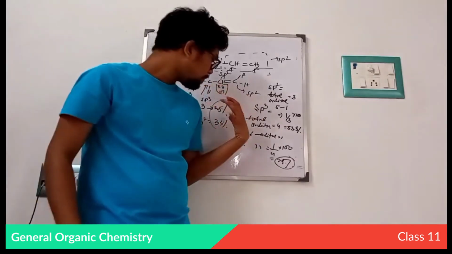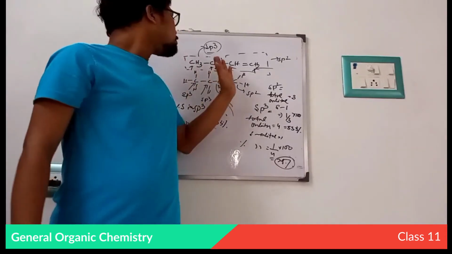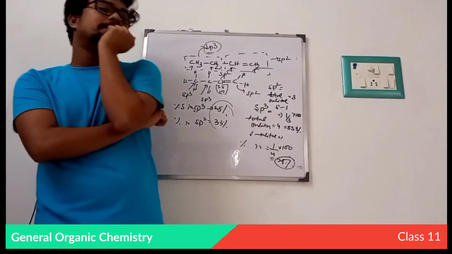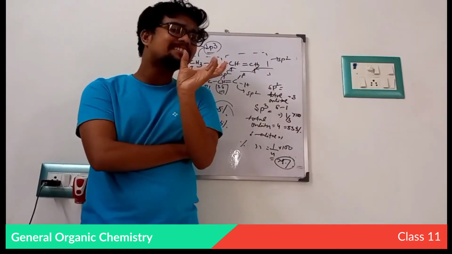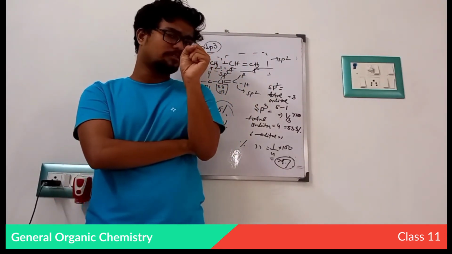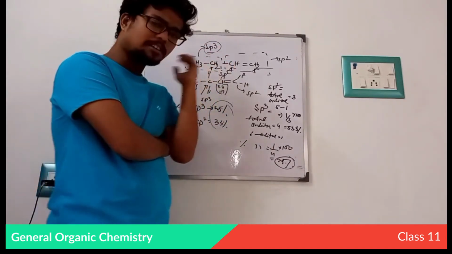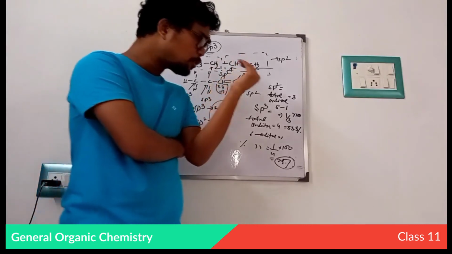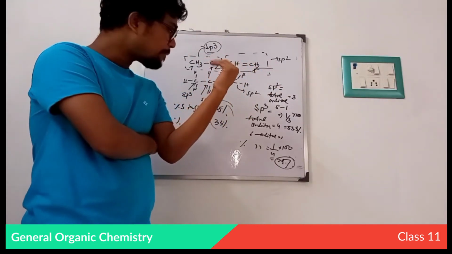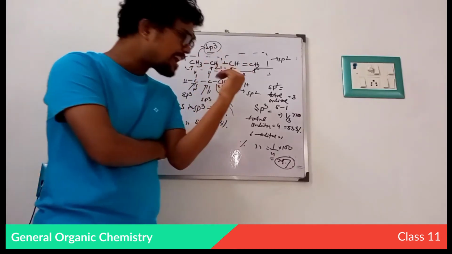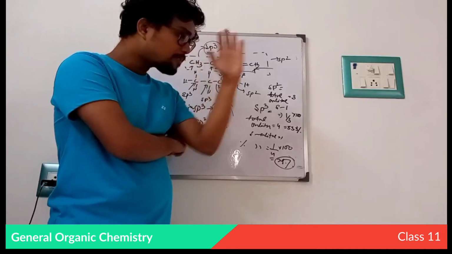Now, what is the necessity of doing this? Next question. We know that the s orbital is present nearest to the nucleus, so it feels a very high nuclear charge. Because it is very close to the nucleus, it has the tendency to show the maximum electronegativity. This s orbital always tries to grab the electron from the other orbital.